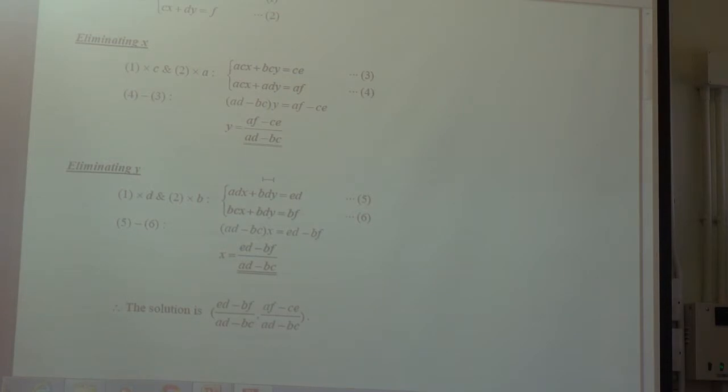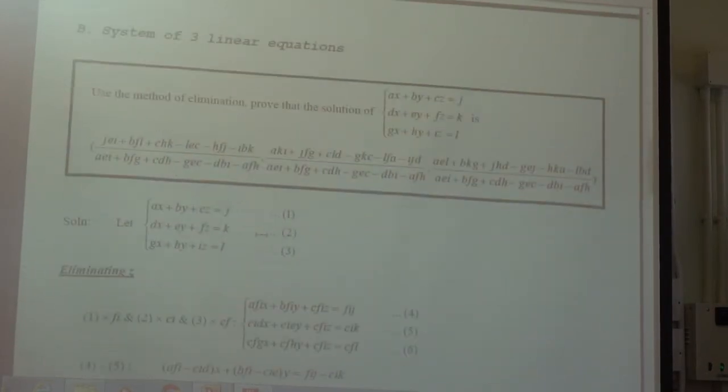in two unknowns. And in my material, I also provide you a system of three. So here is the system of three, with variables or unknowns X, Y, and Z, and there will be more coefficients and constants here.